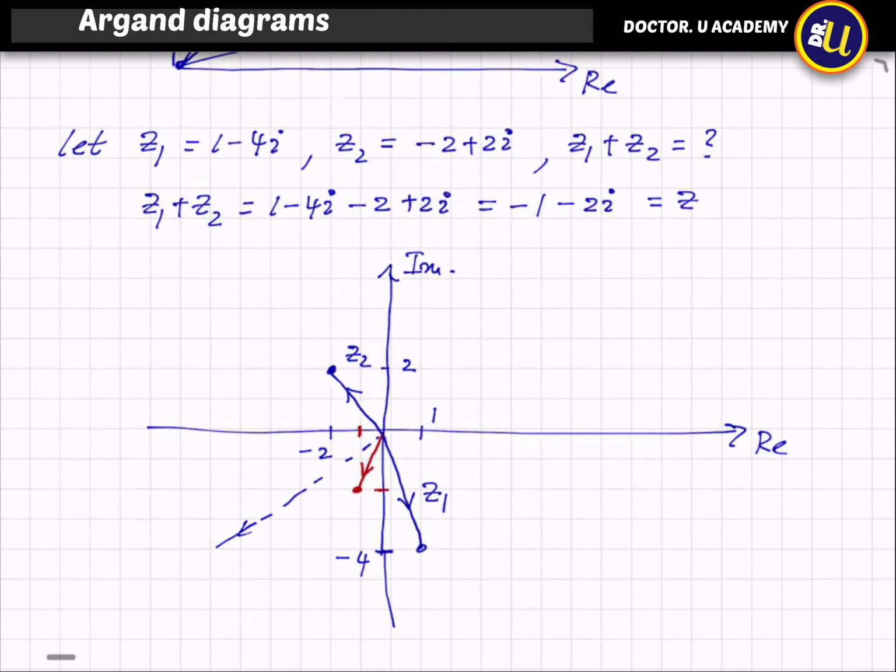You can say it is a vector, but it's in the complex plane. You can say this is z, the complex number that is nothing but the resultant, the addition of z1 plus z2.